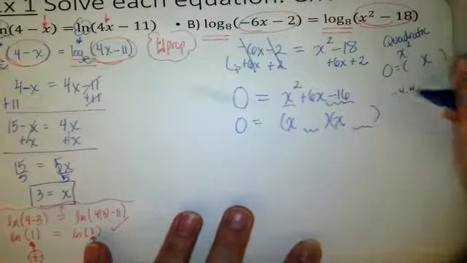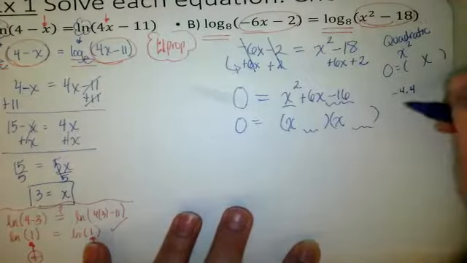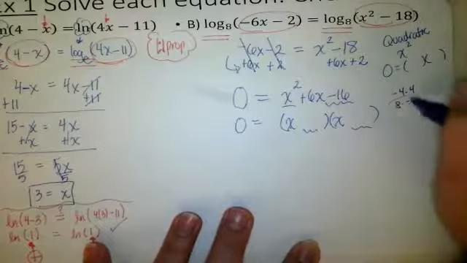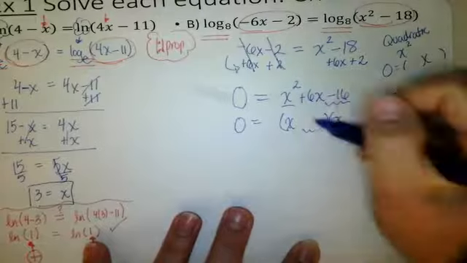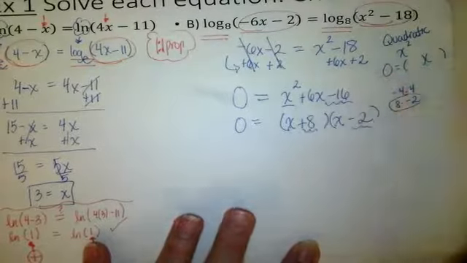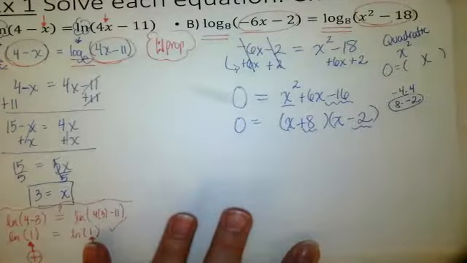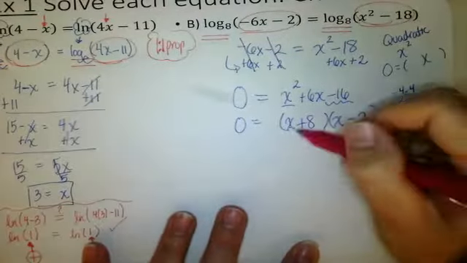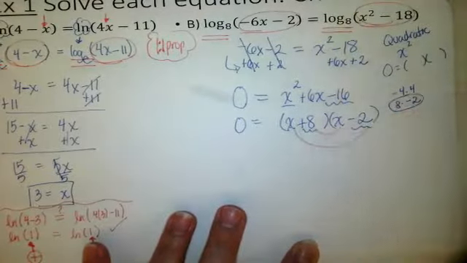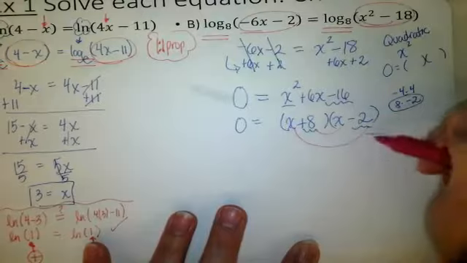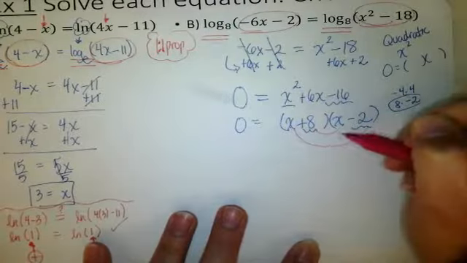Negative 4 times 4. What else? 8 times negative 2. Oh, that's a good one right there. So a positive 8 and a negative 2. How do you know if you did it right? Check the rainbow. So we have x times negative 2 is negative 2x. 8 times x is 8x.